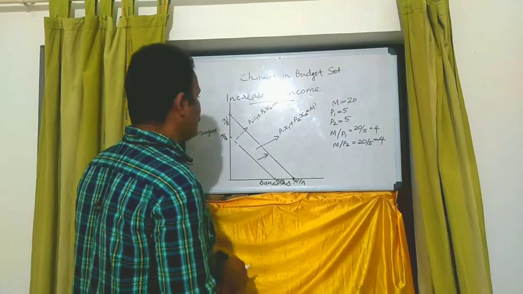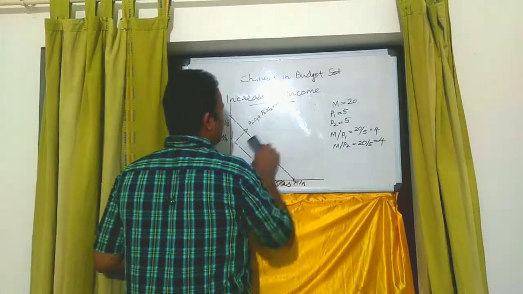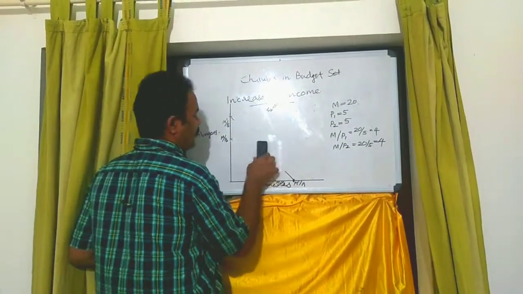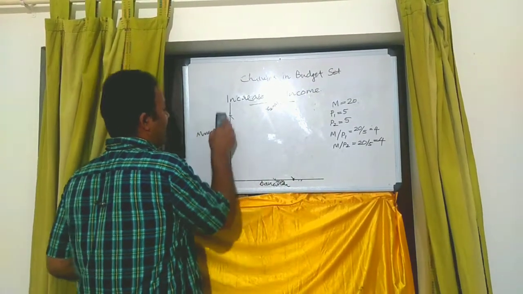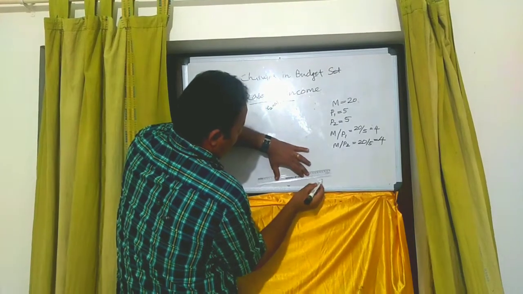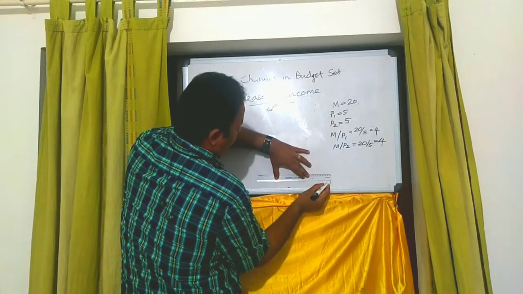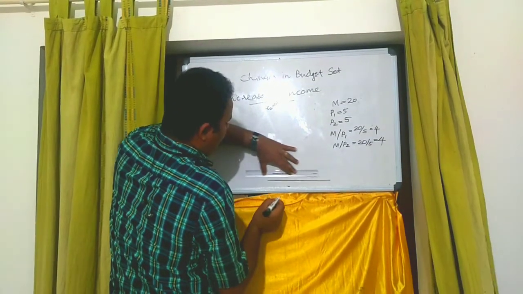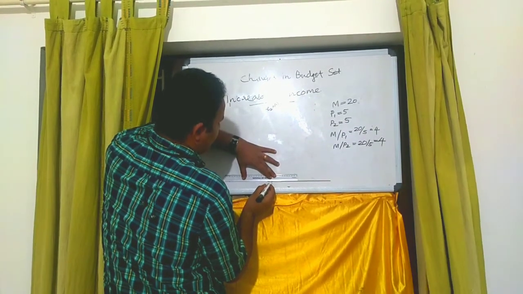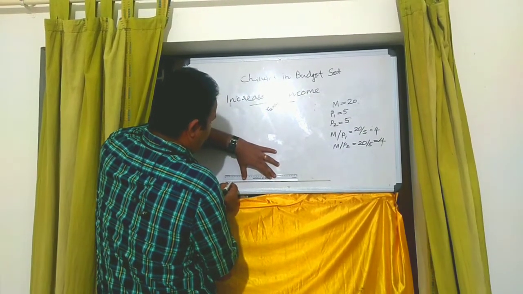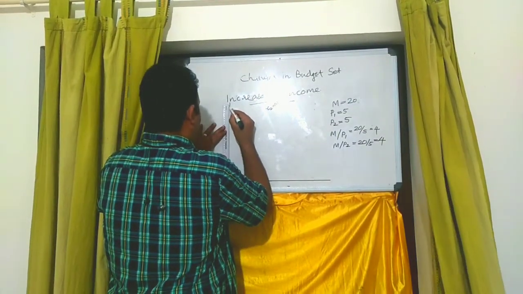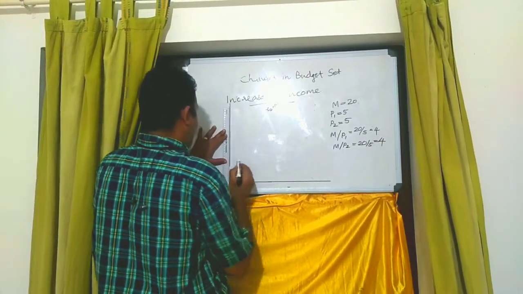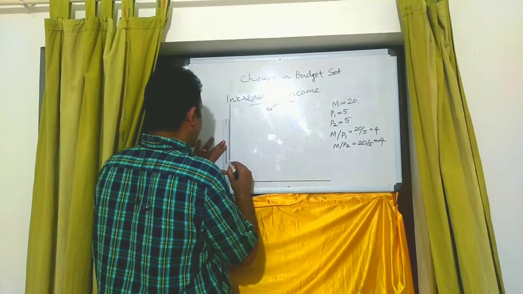Then we can draw the budget line here by using this new example. Here we are drawing the x-axis and the y-axis.